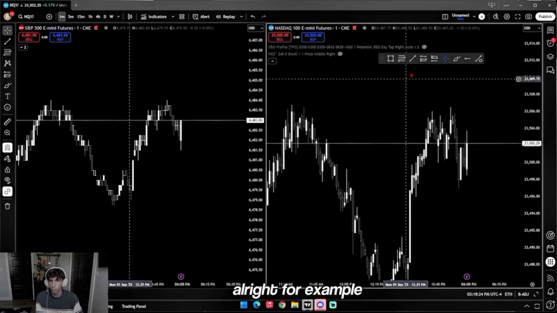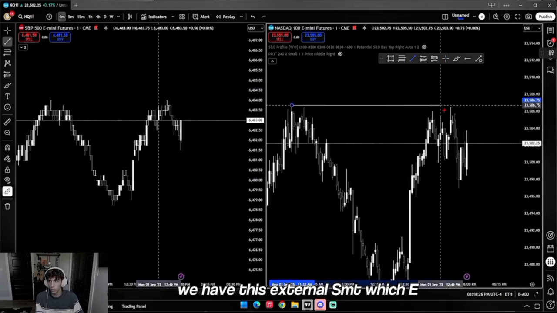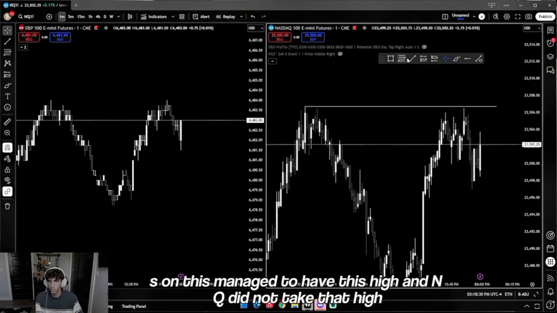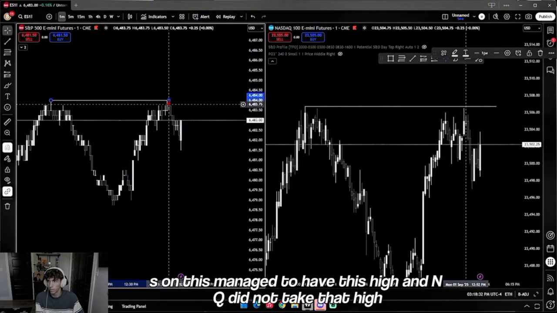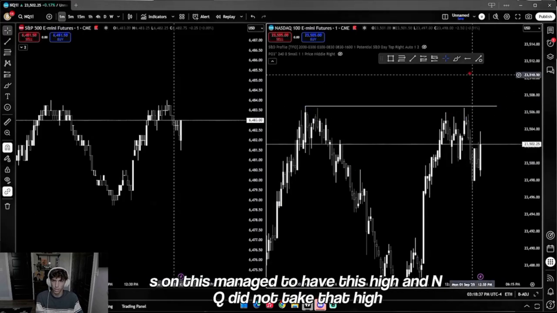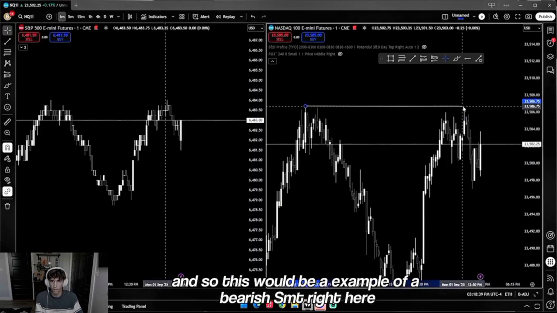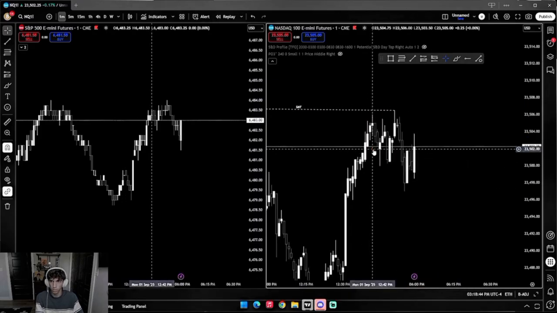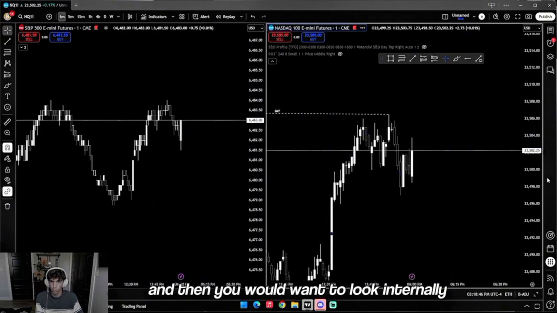Alright, for example, we have this external SMT, where ES managed to have this high, and NQ did not take that high. So this would be an example of a bearish SMT right here. And then you would want to look internally.